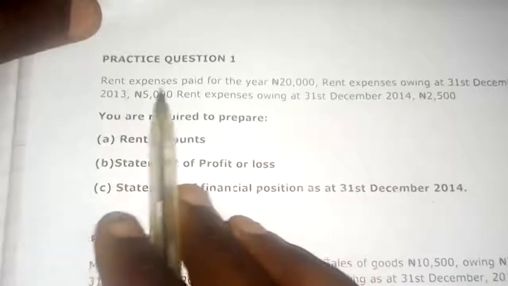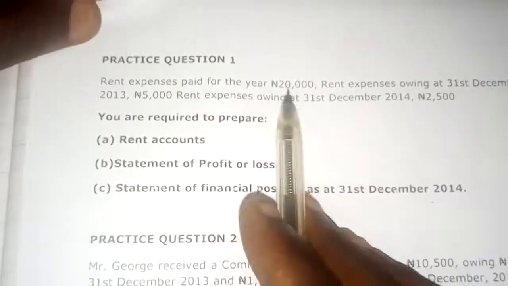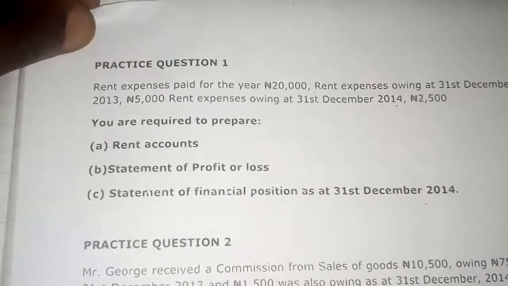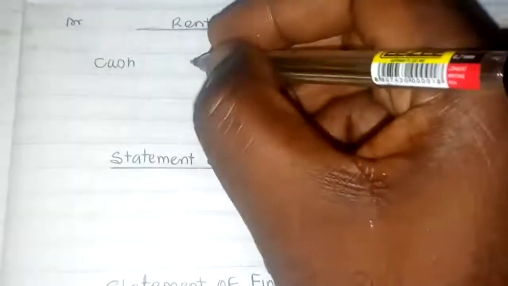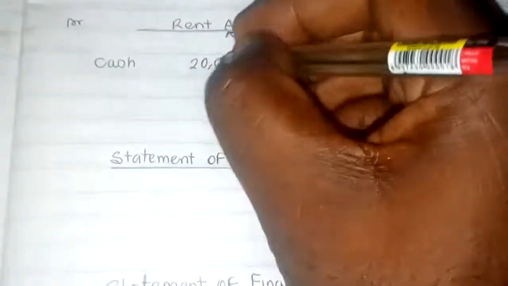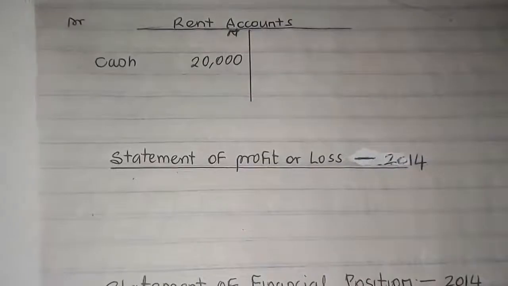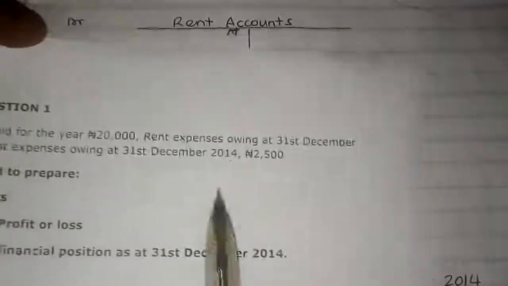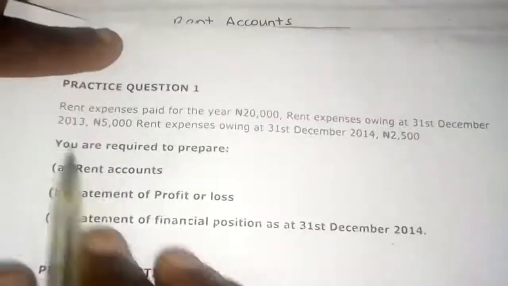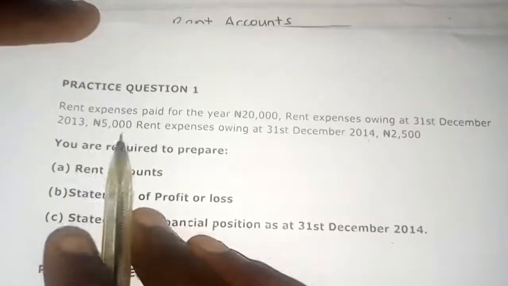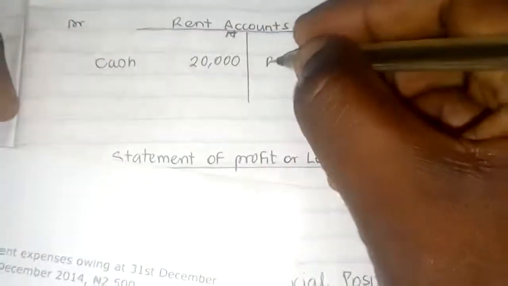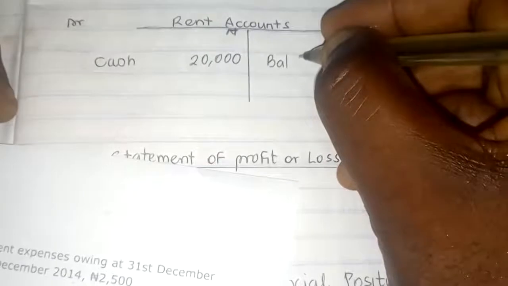Rent expenses paid for the year is 20,000. Then you have your cash. You have to debit the rent account with how much? 20,000. Then the expenses owing as at 31st December 2013. So we have our balance brought forward.